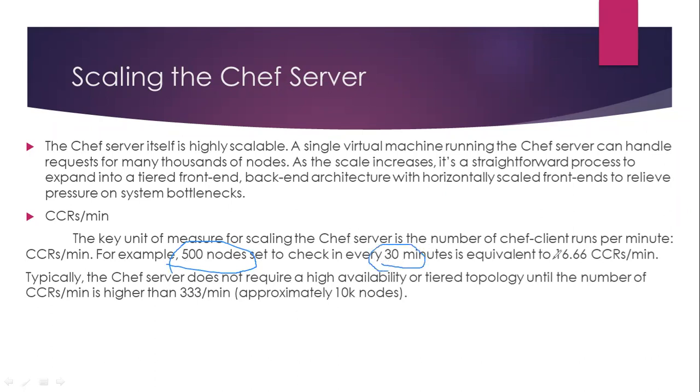So the CCR for this is 16.66, calculated as 500 by 30. What the company says is you don't need to set up high availability or a tiered topology until the CCR reaches 333. That means a simple 8 GB RAM, 4 CPU core machine can handle up to 10,000 nodes.